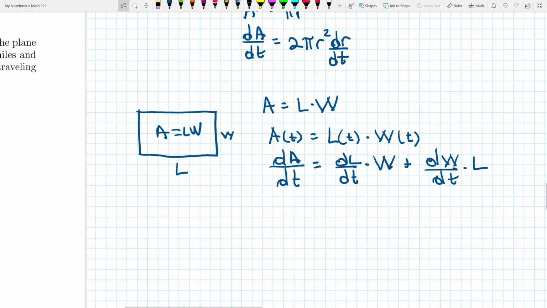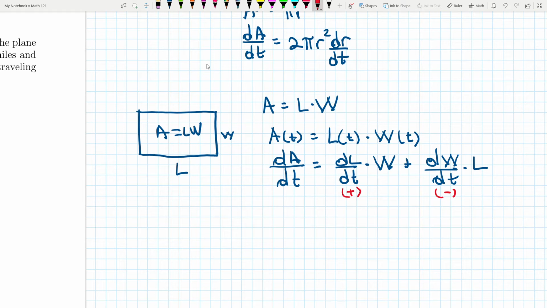All right, and this is how we describe this change of the area by modifying the parameters length and width. And again, both of these rates could be negative, both positive, one negative and one positive, or the other way around.